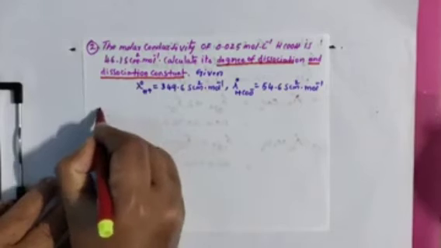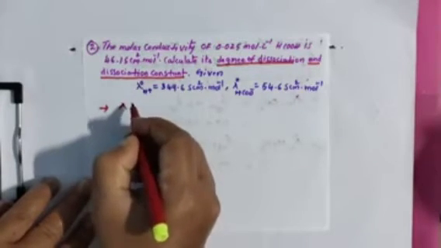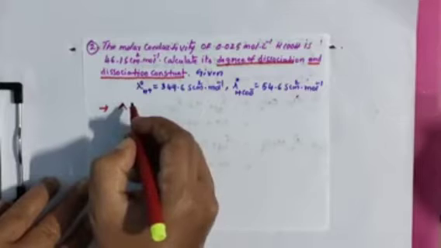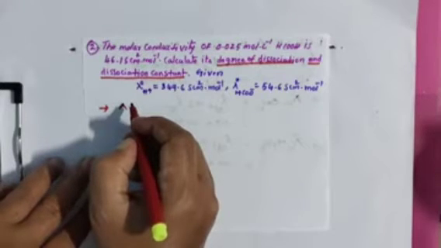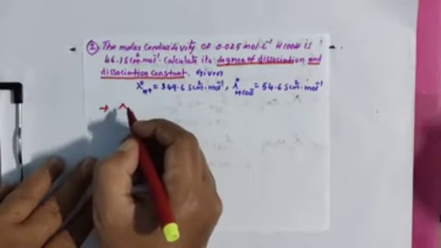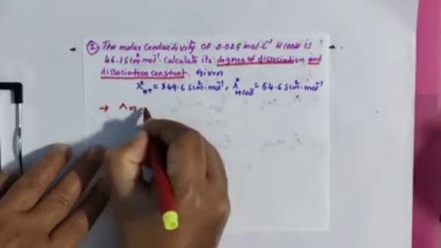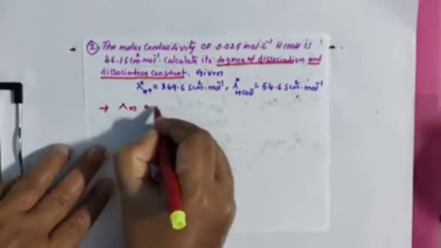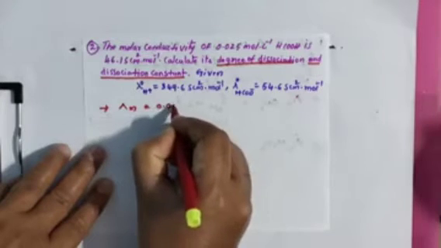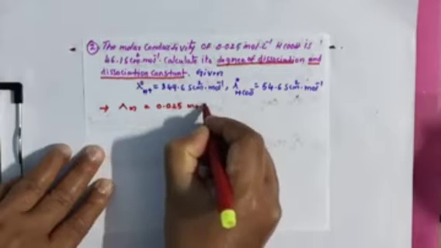First, what they given? Molar conductivity. How much they given? The concentration is 0.025 mole per liter.